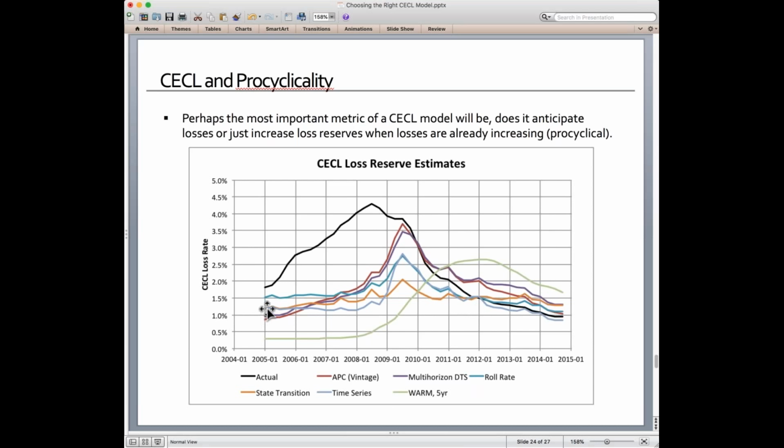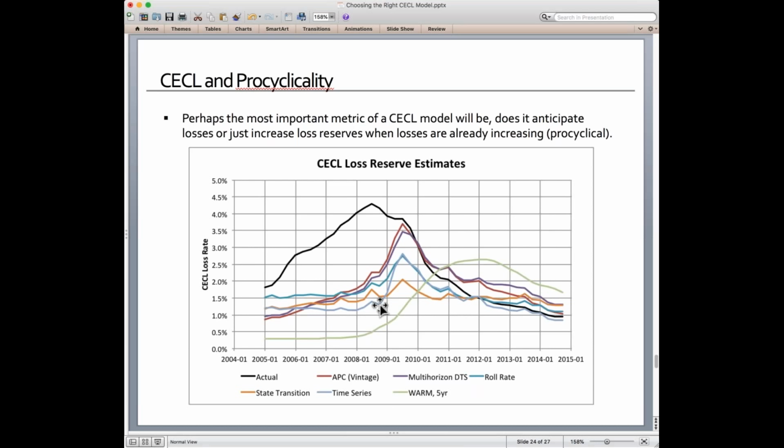This lavender line down here is the time series model, which you'll notice that the loss reserve level is flat for all that time, all the way up until mid-2008, and then it suddenly spikes up, and then it starts to come down. This lavender line is in agreement with some studies that we saw on CECL procyclicality. They just built time series models, and they concluded that CECL was highly procyclical.